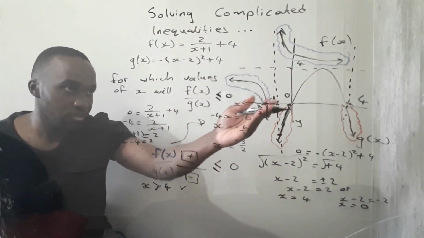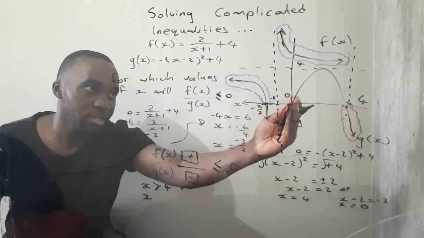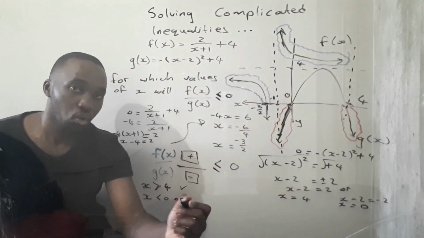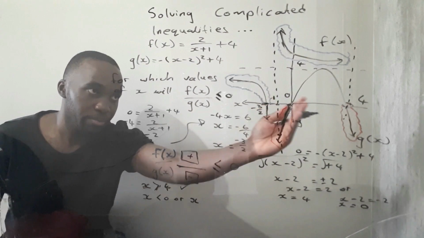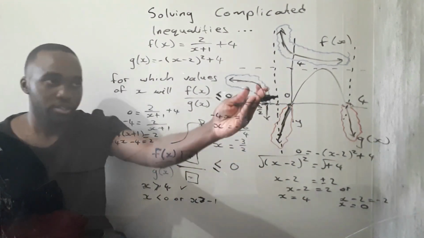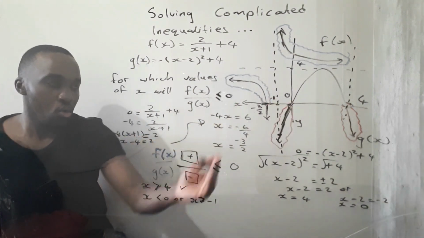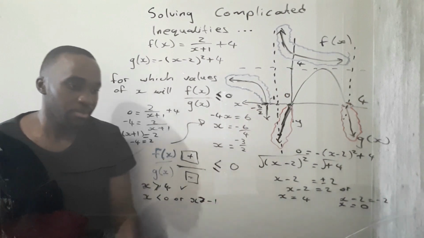To do that, we clearly have to say that our x values need to be smaller than 0, or our x values need to be bigger than negative 1. If I said positive 1 by mistake, oops, it's a negative 1 there. X needs to be smaller than 0, or x needs to be bigger than negative 1.